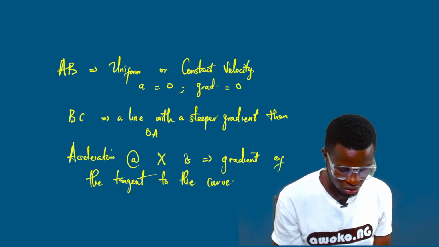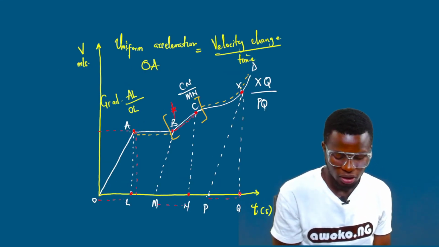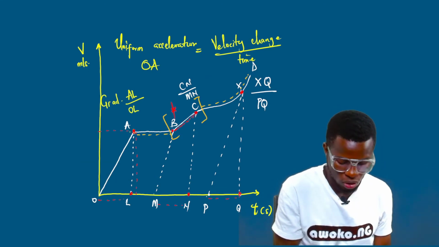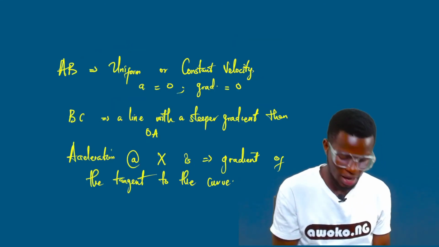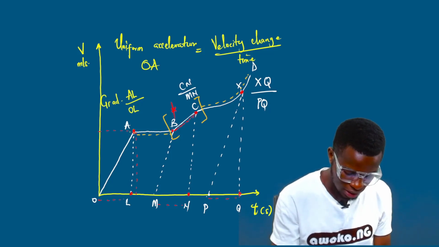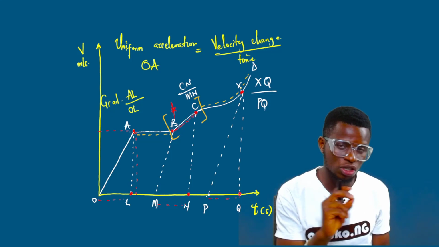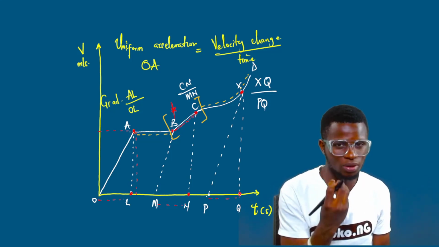So if we would have to calculate the acceleration at point X, we have to find the tangent, and you know that a tangent is a straight line that touches a curve at a particular point.